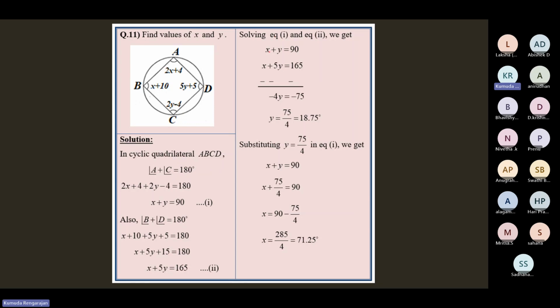Now we can cancel out x and x, but they have the same sign. x plus x is 2x. So change the signs throughout. If it was already minus x, you don't have to change the signs. You can directly cancel. Changing the signs throughout is only an option.